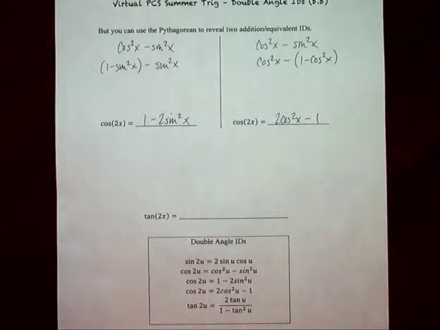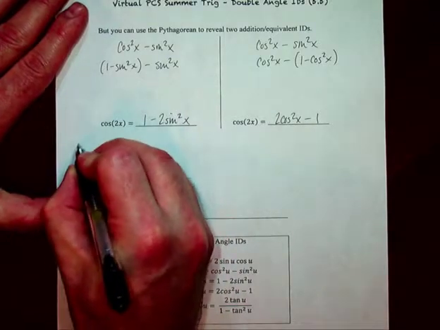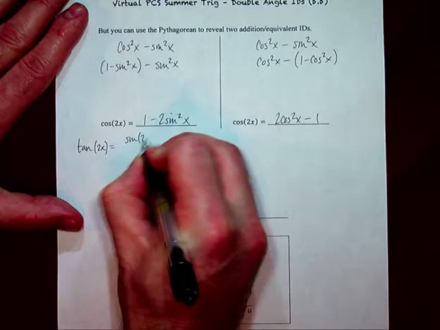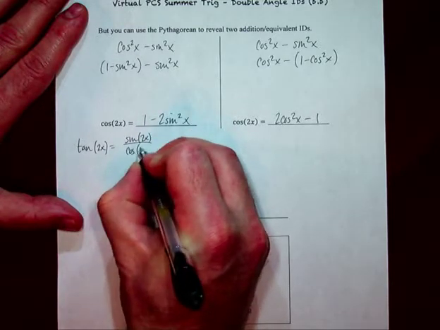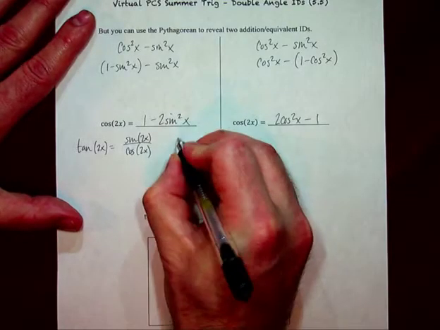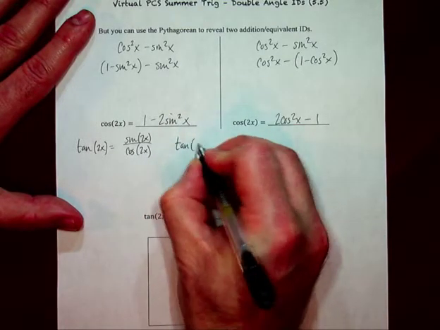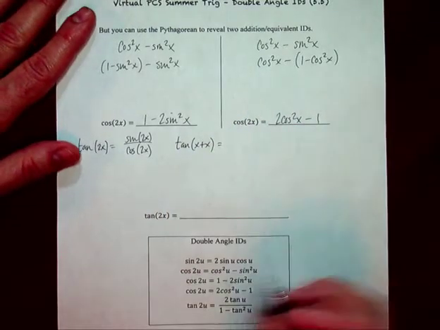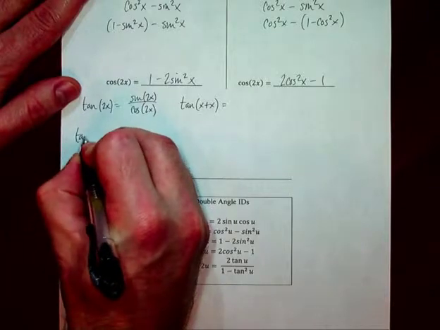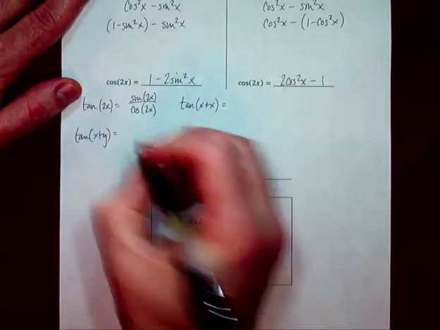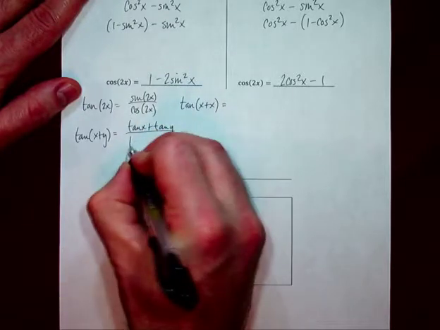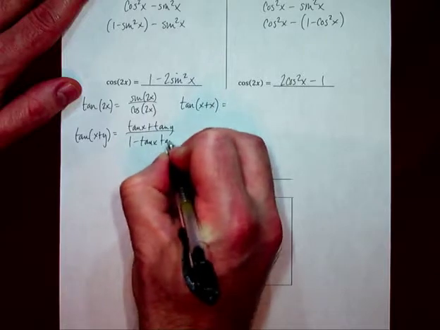Now, when we get to tangent of 2x, we can do it one of 2 ways. We can actually deal with it as tangent of 2x is equal to sine of 2x over cosine of 2x, or we can deal with it as tangent of x plus x. Now remember, and I forgot to do this up here, but remember that tangent of x plus y is tangent x plus tangent y over 1 minus tan x tan y.